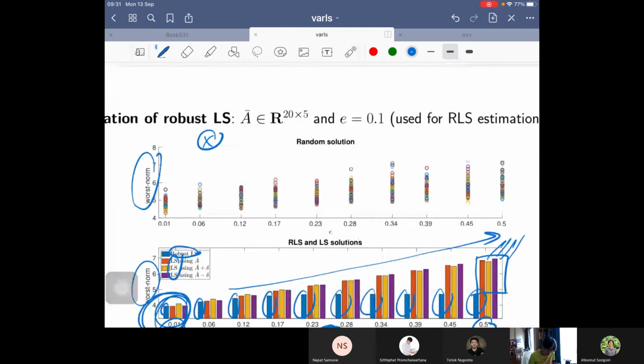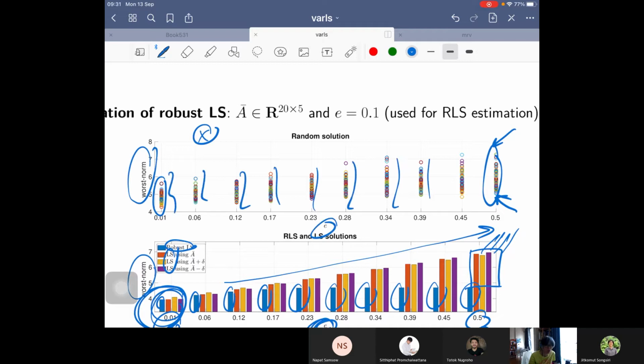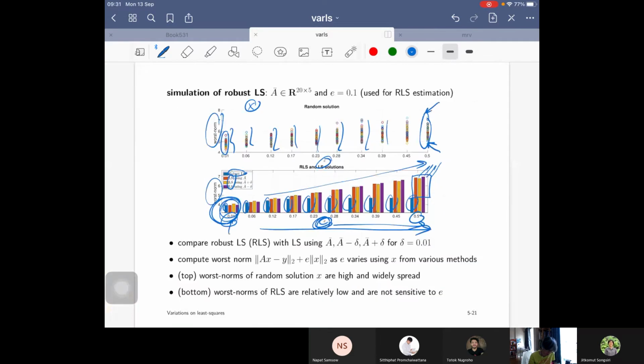In the top bar, I try to express that if you just pick x randomly, not from a solution to any kind of estimation problem, you will see the variation of the worst norm. Some choice of x has small worst norm, some choice of x has high values of worst norm. And the variation here is very big, regardless of the values of e. So that is the information.